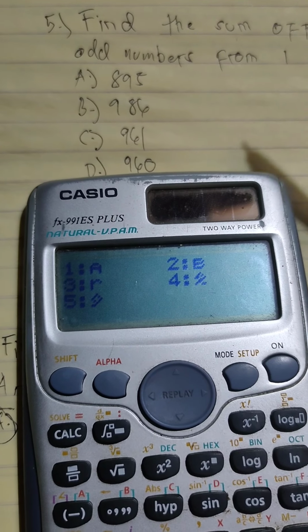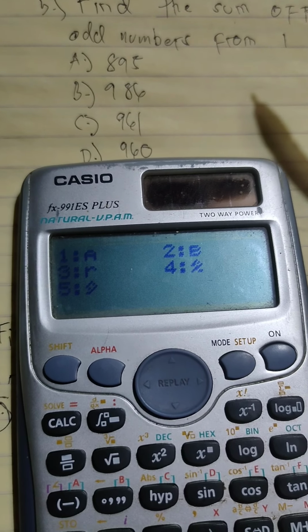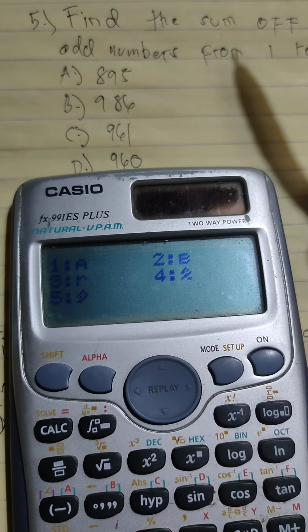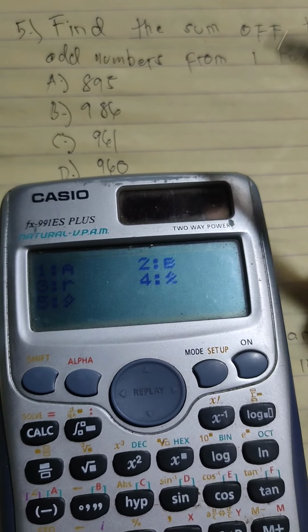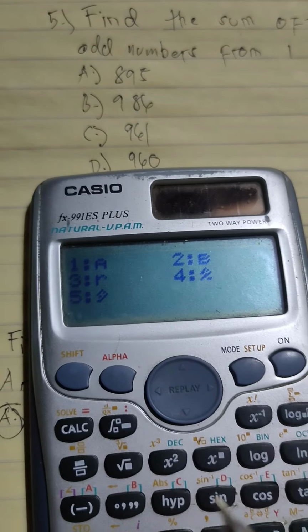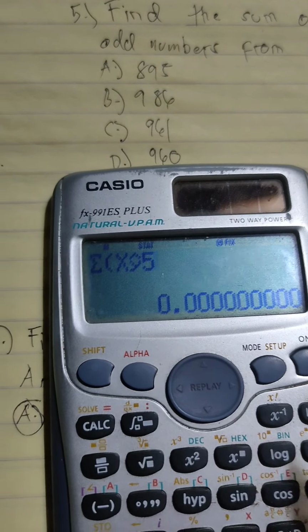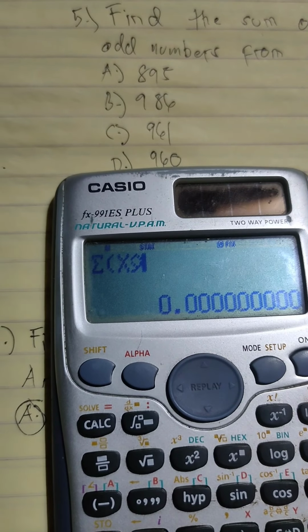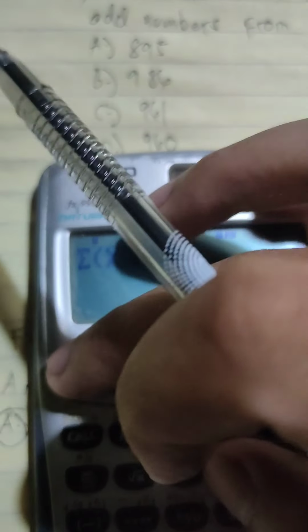Now we will find the sum of the odd numbers. So now we will press 5. Then we will write comma.